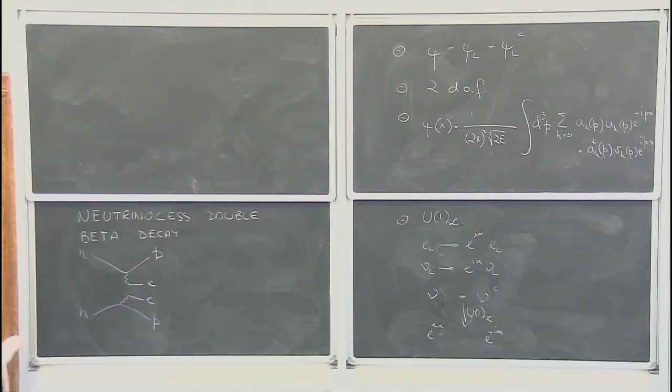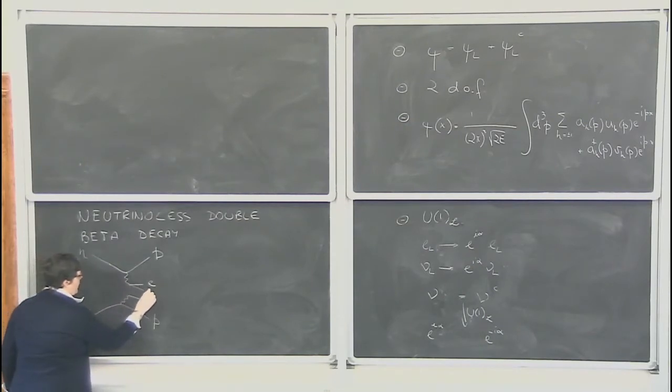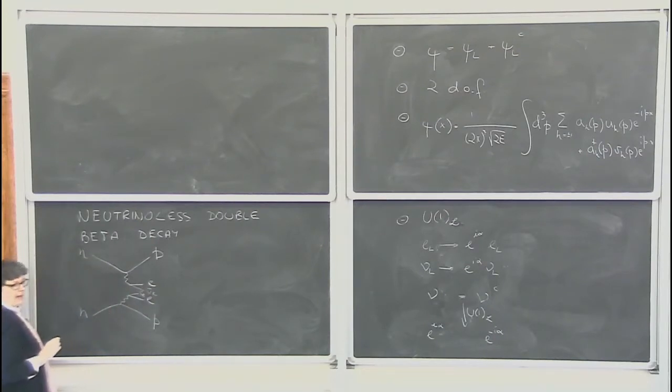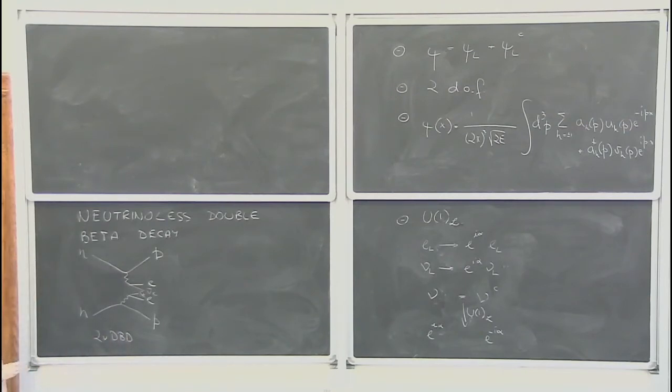Now there is a standard model process, which is the 2 neutrino double beta decay, in which one emits 2 antineutrinos. Let me call it 2νββ. This is allowed by the standard model. It's extremely suppressed, as you can imagine, because you pick up a G_F squared here, a G_F squared here. It's very, very rare.